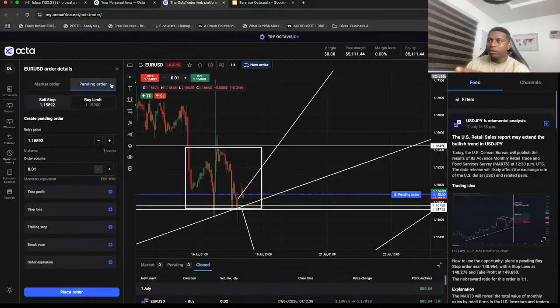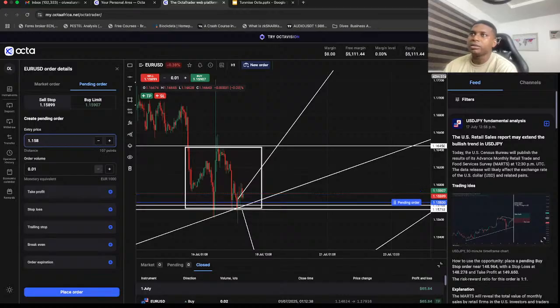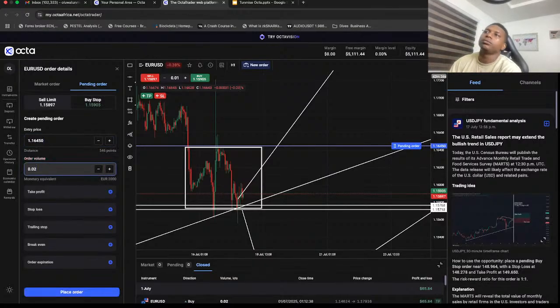So I go to my pending order and decide to set my buy stop order at 1.16450. All right, now what's my order volume? I'm going to do 2 lot size.